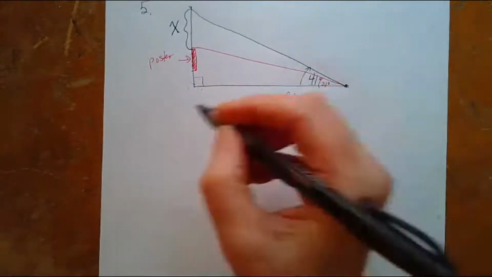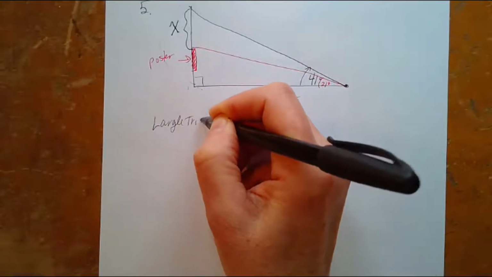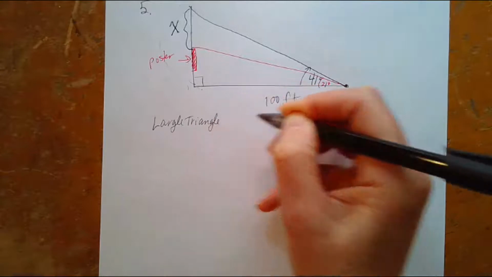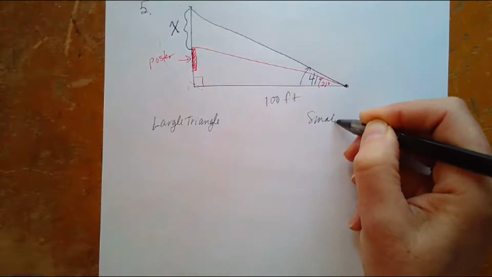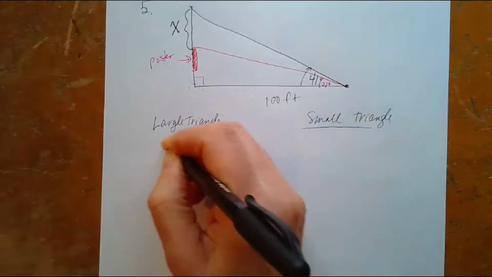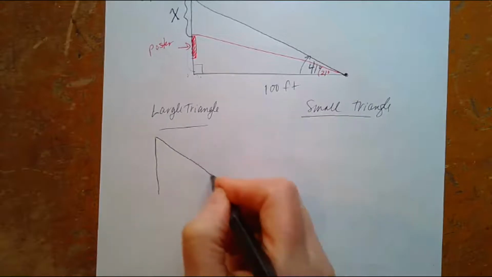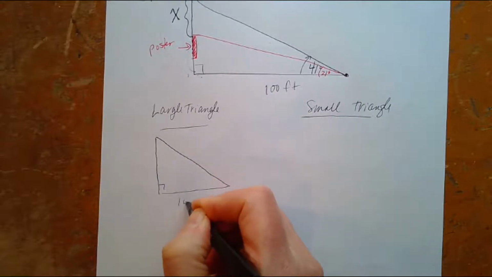So let's see what we have. I see a large right angle triangle and a small right angle triangle. If I see the large right angle triangle, I see this, right? They both share this 100 feet.